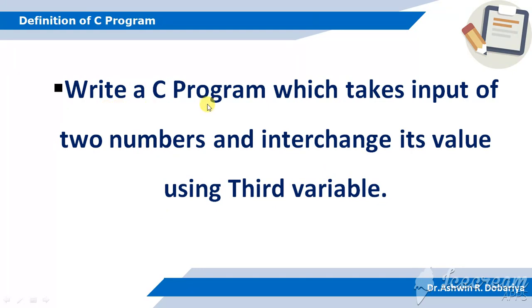As I told you in our theory video, to think about the logic of any program, first we have to identify the total variables we require. As per the definition, we have to input two numbers, so we require two variables, for example x and y, which we will provide as input. To interchange their values using a third variable, we require another variable.